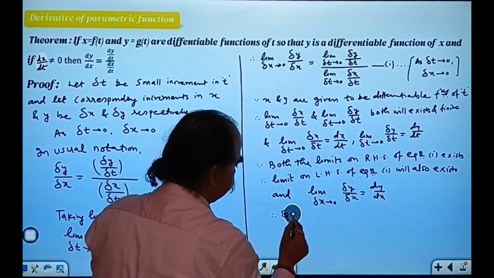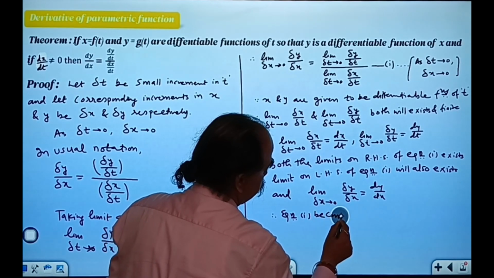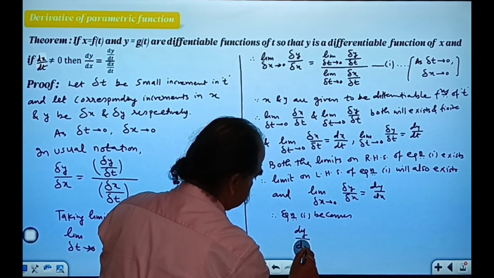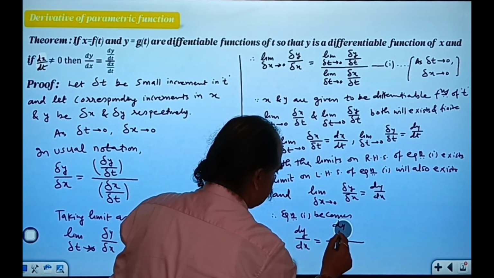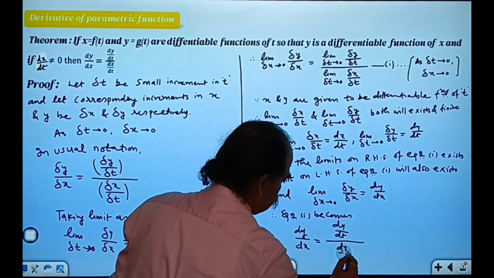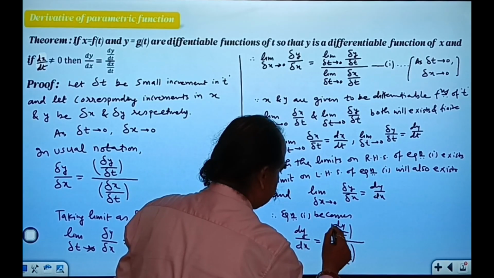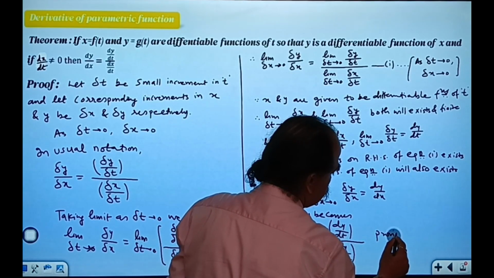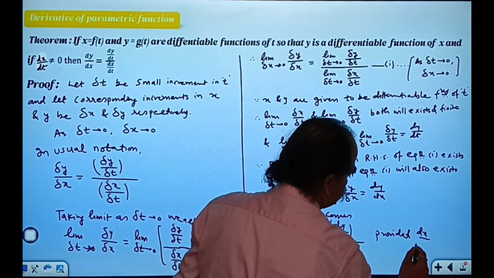Therefore equation 1 becomes dy by dx is equal to dy by dt upon dx by dt, provided dx by dt not equal to 0.